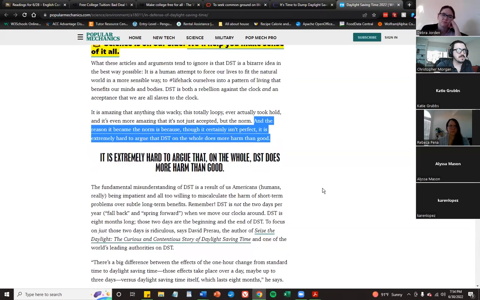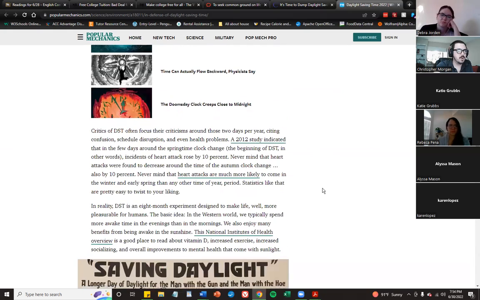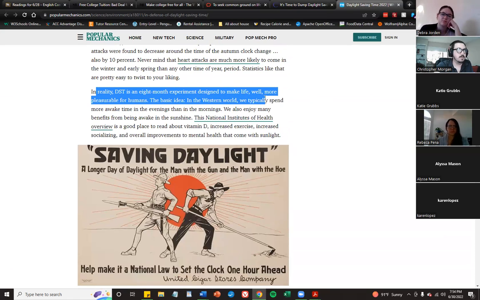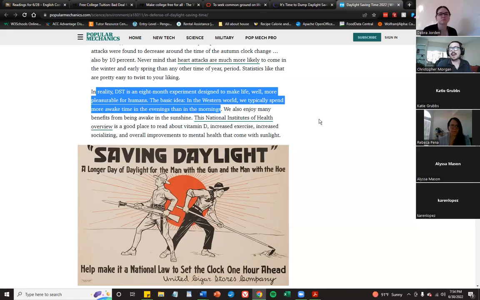And he also mentions part of this appeal to people just liking sun. In reality, daylight savings is an 8-month experiment designed to make life more pleasurable. The basic idea, in the Western world, we typically spend more time awake in the evenings and mornings. And I would raise the question here, what does that mean?